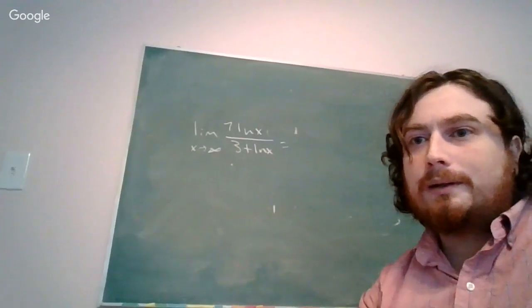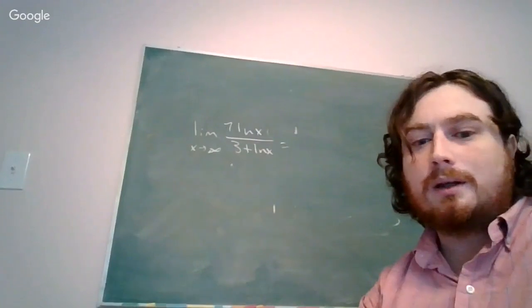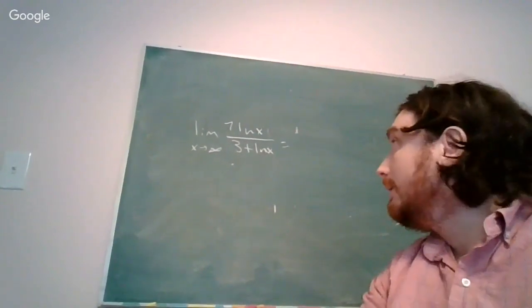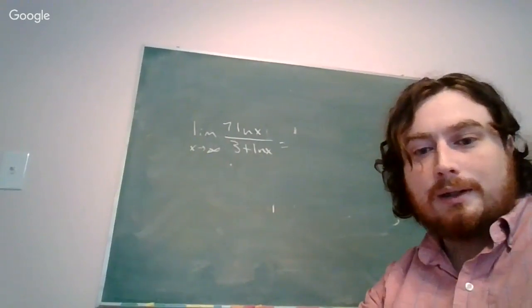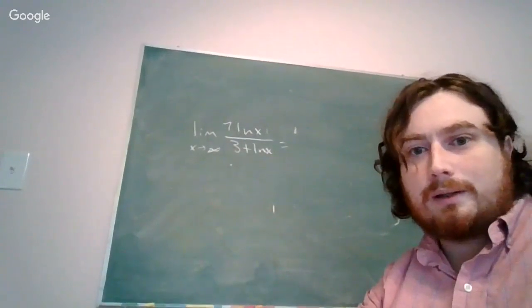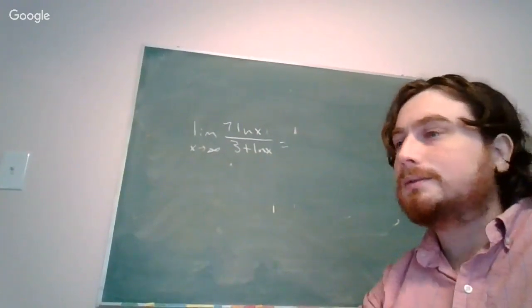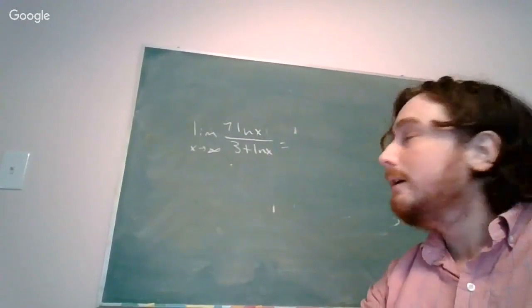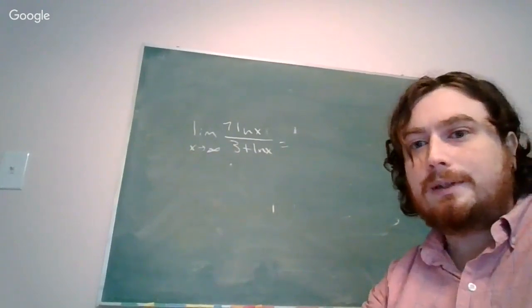All right, as I do this one, I'm going to play around with the computer to see if I can find your guys' chat. But if I'm taking the limit, the first thing I should do is plug in the number or see what happens as x goes towards infinity. And so if I do that, what I end up with is 7 times natural log of infinity, which is 7 times infinity, which is infinity.